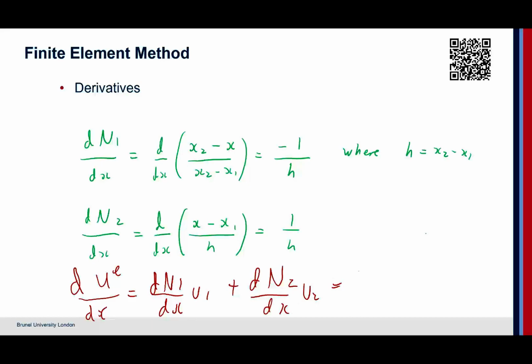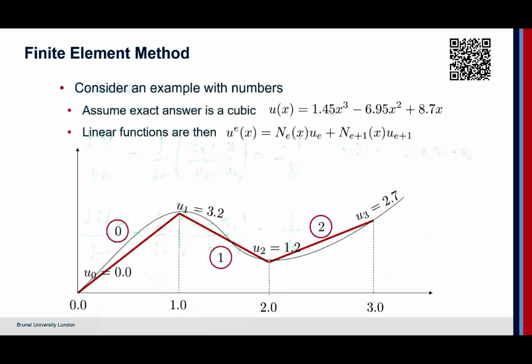So we've rewritten the entire x functional dependence of the element just in terms of these shape functions, which means we can get an expression of the form u2 minus u1 over h, where these 2 terms are 1 over h and minus 1 over h. So we've just collected them together. Does that make sense? Okay.